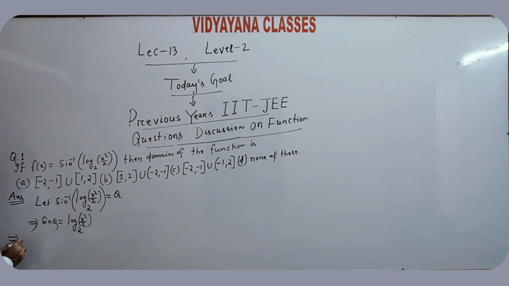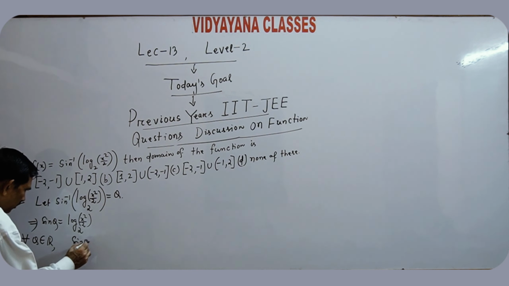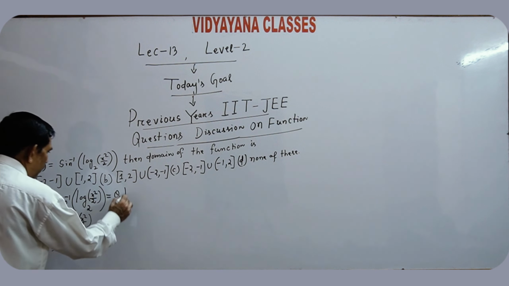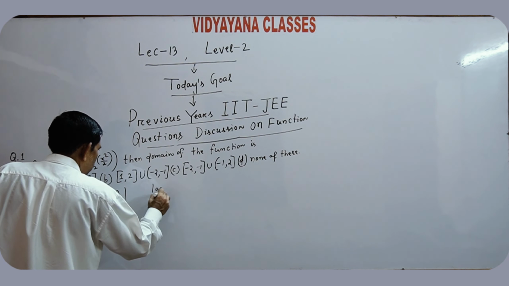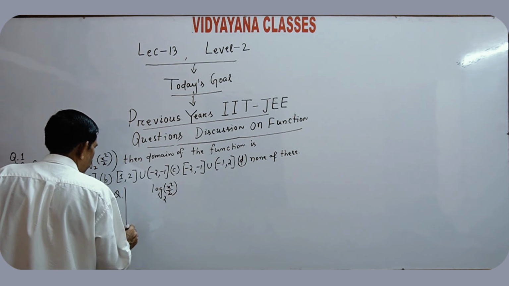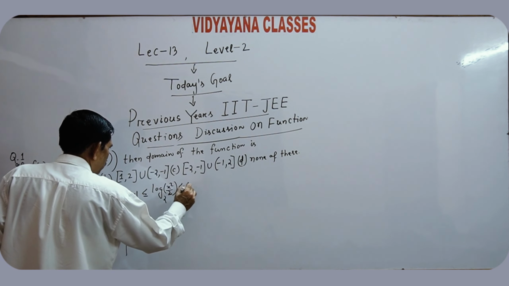For all theta belonging to the set of real numbers, sin theta is less than or equal to 1 and greater than or equal to minus 1. Here sin theta is given by log of x squared by 2 with base 2, so it is greater than or equal to minus 1 and less than or equal to plus 1.